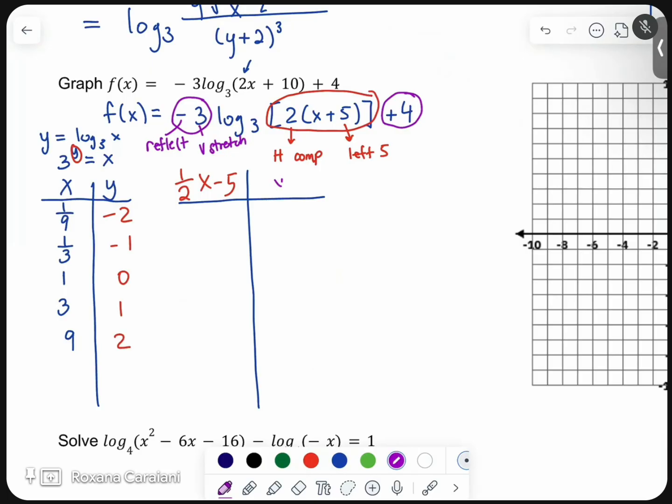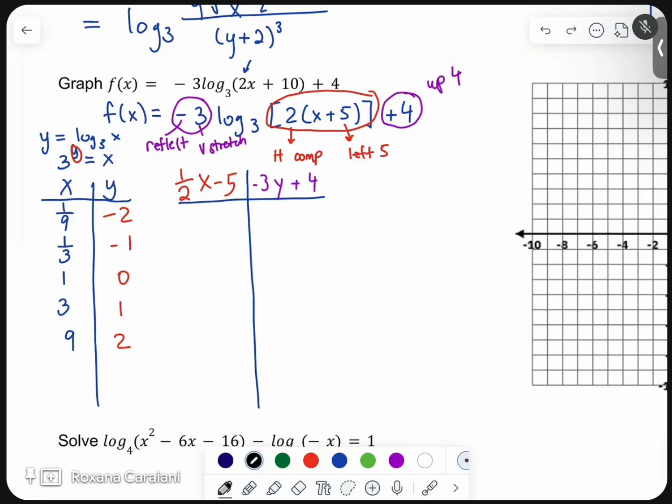So my y value is going to get multiplied by negative 3 to accomplish those two transformations. And the plus 4 is up 4, so I'm going to add 4. So now I'm going to take all of these base function points and put them through the mapping rule. And when I put them through the mapping rule, I don't have to keep the fraction. I can write the decimal so I can visualize the point better.